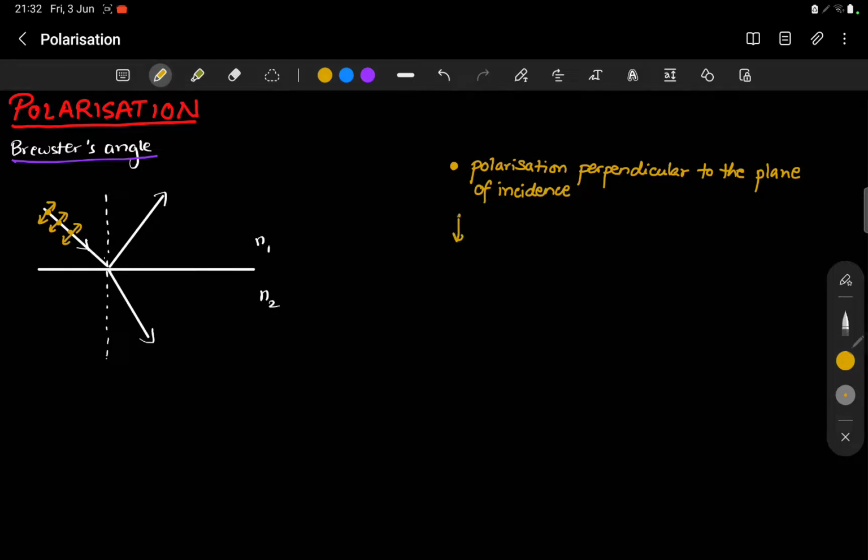And this symbol means polarization in the plane of incidence. Plane of incidence meaning plane of incidence and reflection.